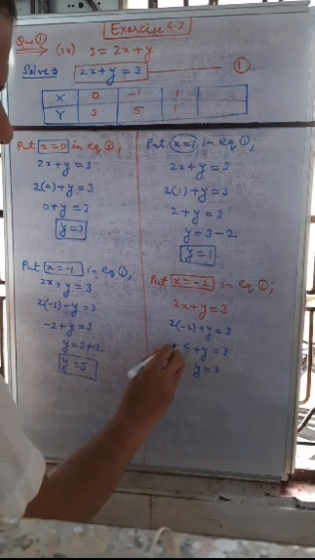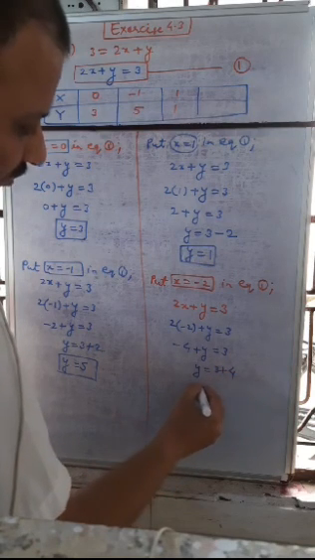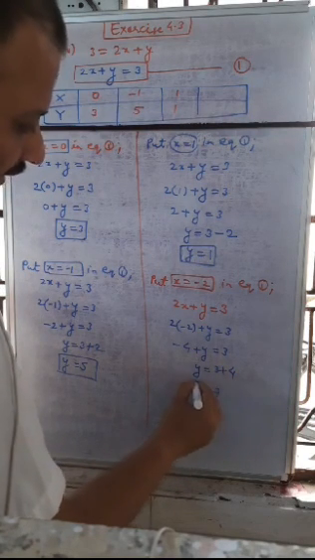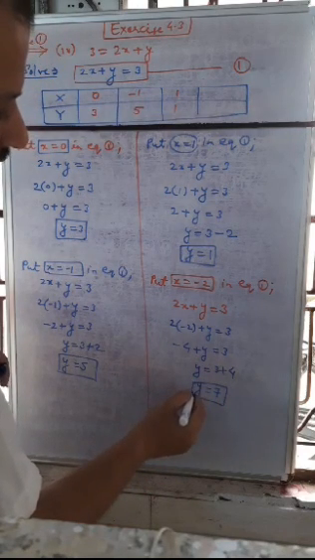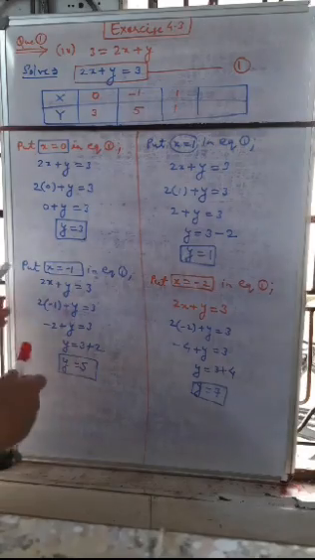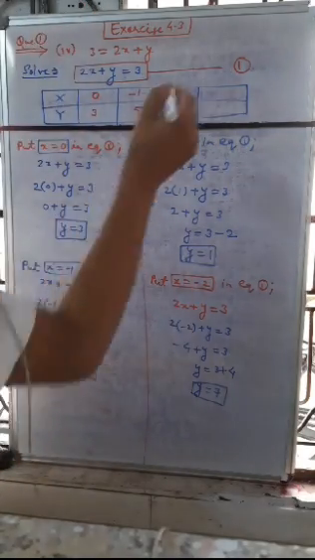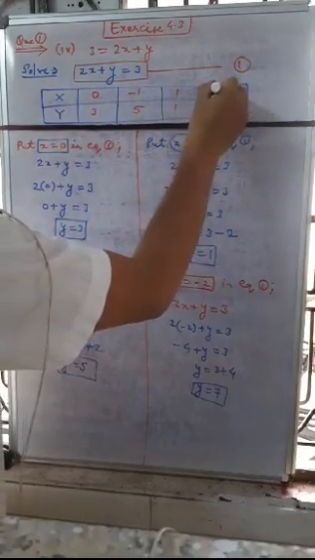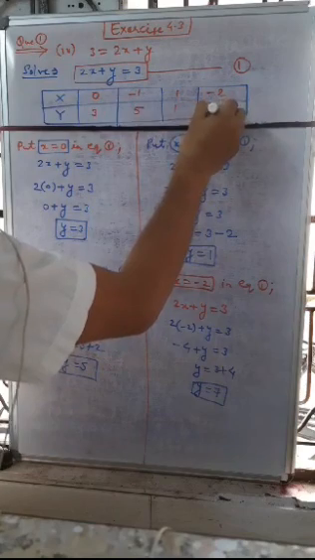Transfer minus 4 to right hand side. So it will become plus 4. So y is equal to 7. So 2 or 3 values are enough to draw the graph, but at least we are taking 4 values, so it may be easier to draw the graph. So I have taken 4 values. So x is equal to minus 2, y is equal to 7.